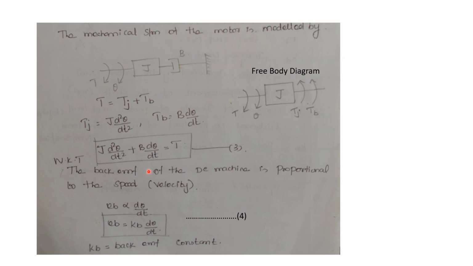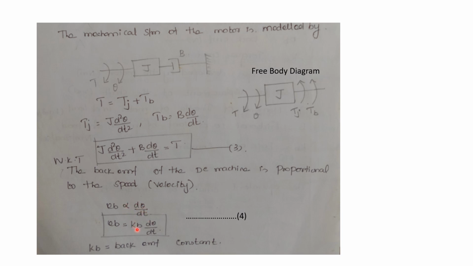Now again we saw one relation: the induced back EMF will be directly proportional to the velocity of the mechanical system, or the mechanical load. So Eb will be directly proportional to the angular velocity, that is nothing but the rate of change of angular displacement, d theta by dt.